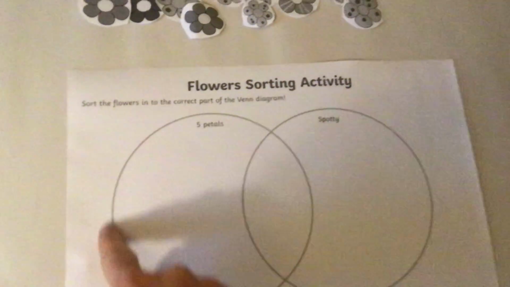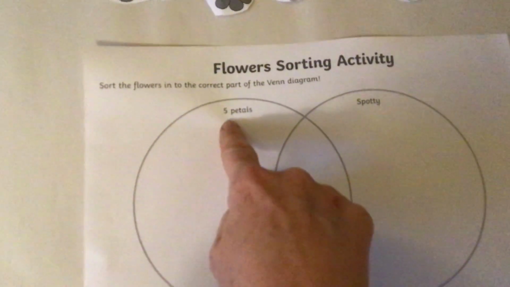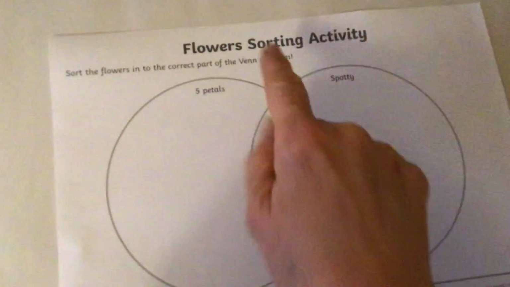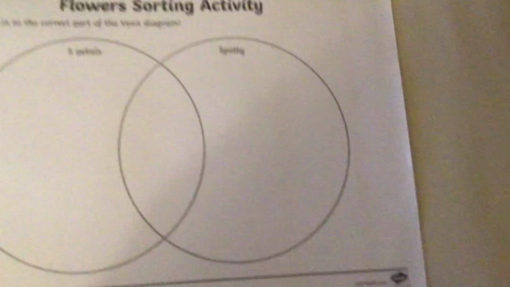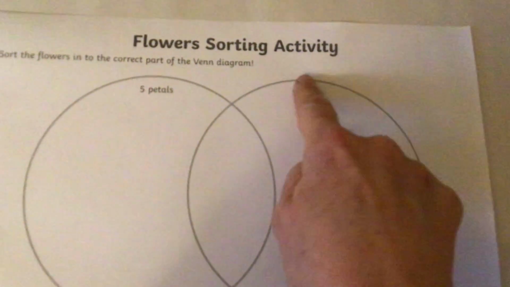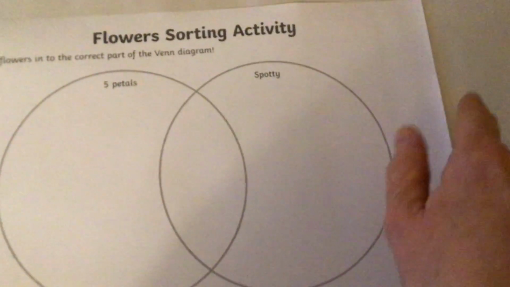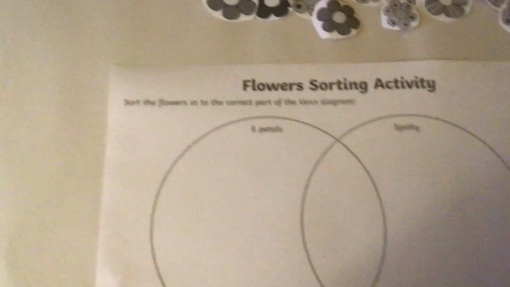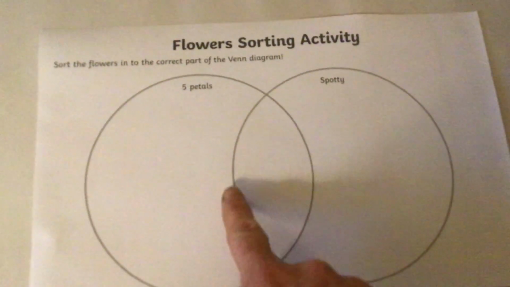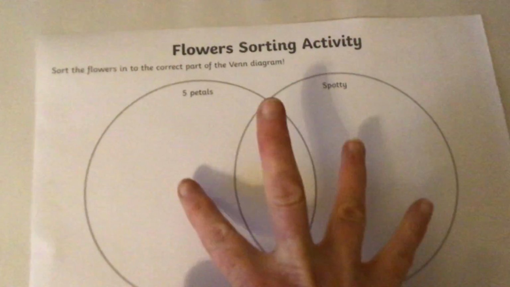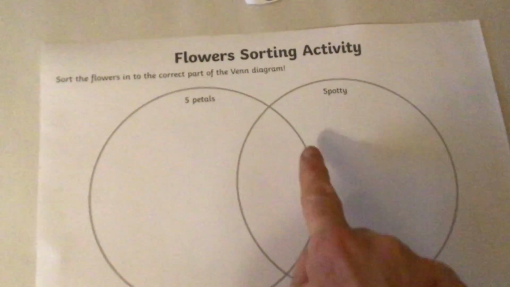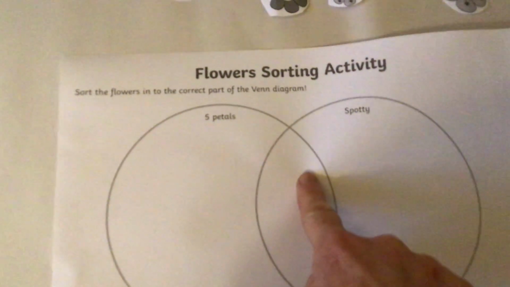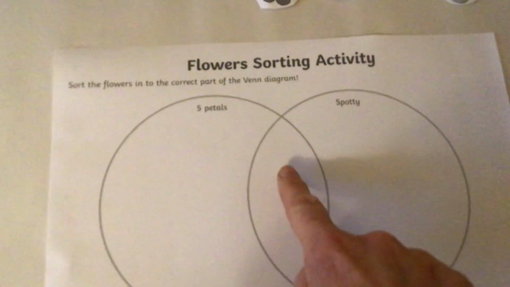So this circle here says all the flowers that have 5 petals need to go in this circle. And this one here, all the flowers that are spotty need to go in this circle. This bit in the middle is interesting because this bit in the middle is overlapping both of these circles. So this bit in the middle will be flowers that have 5 petals but are also spotty.